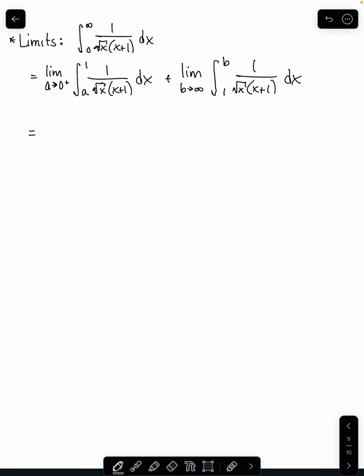Where the definite integrals for each of these resulted in, for the first integral, pi over 2 minus 2 times the arctangent of the square root of a.